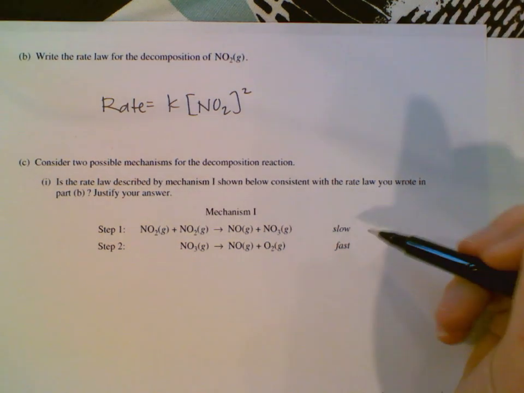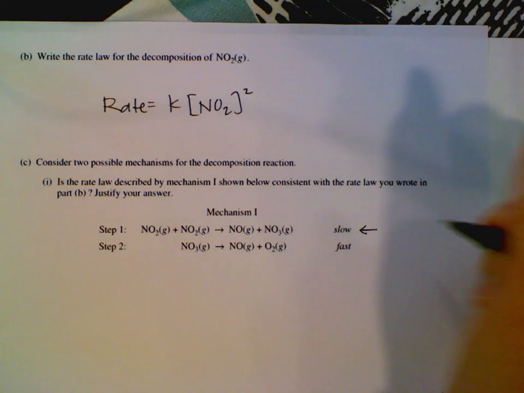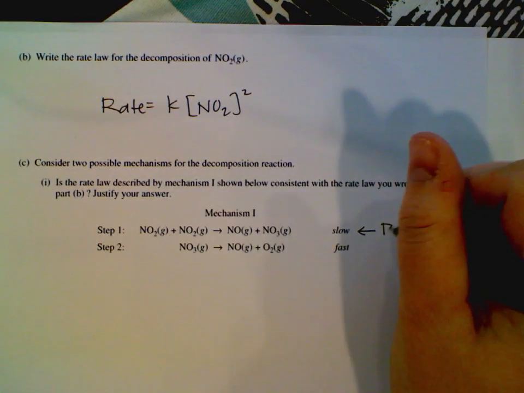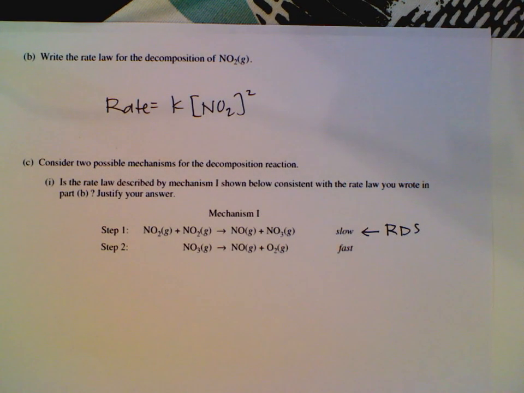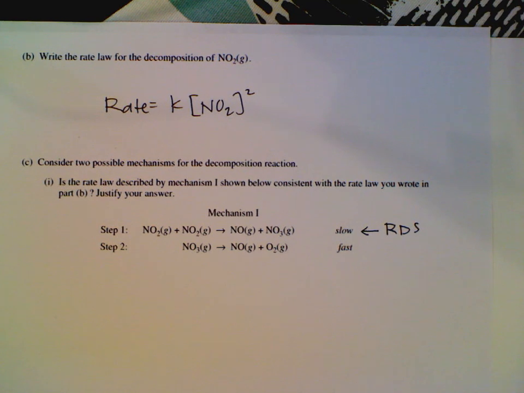So in this case, we are going to look at the slow step. So the rate determining step is the slow step, the one that makes it controlled, and so we look at that.